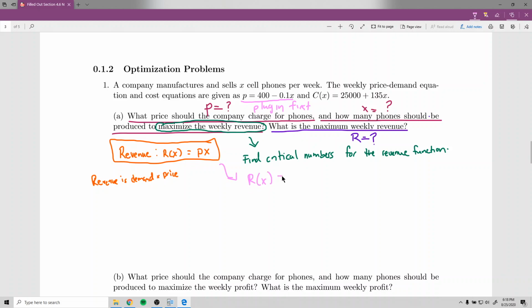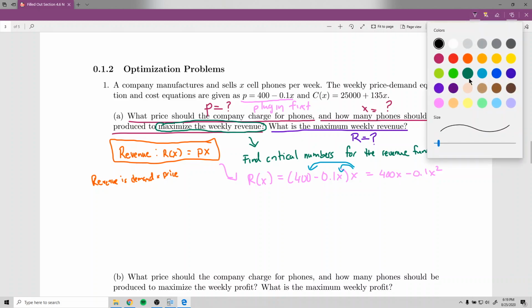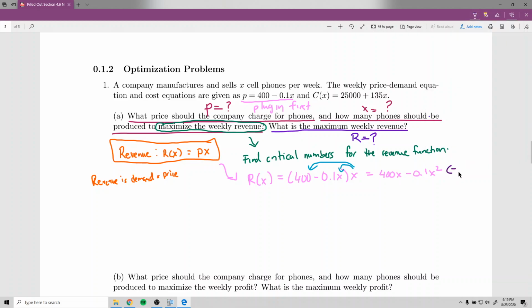So R of X equals (400 minus 0.1x) times X. Simplify this because we're going to do the derivative, and we know if we simplify this, it's going to be an easier derivative. So simplify, and we get, for the revenue, this formula: 400 times X minus 0.1 times X squared. Right, so we've got the simplified revenue formula. Now do the derivative because we want the critical numbers.